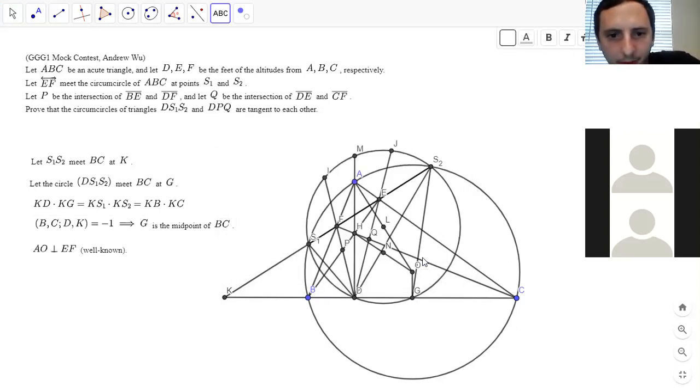But I don't think those two facts are enough to prove that AS1 equals AS2. Like you could know that OS1 equals OS2, and oh, maybe that is enough actually. Yeah, that is enough. You're right. So it's well known that AO is perpendicular to EF, and so AO has to be the perpendicular bisector of S1, S2.